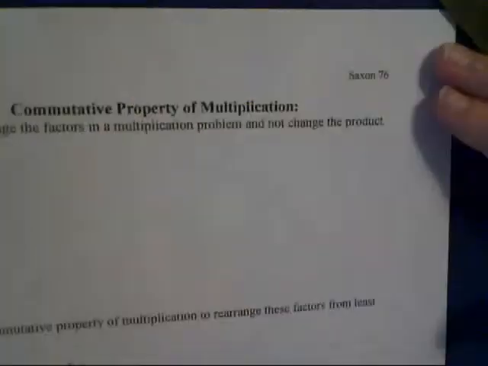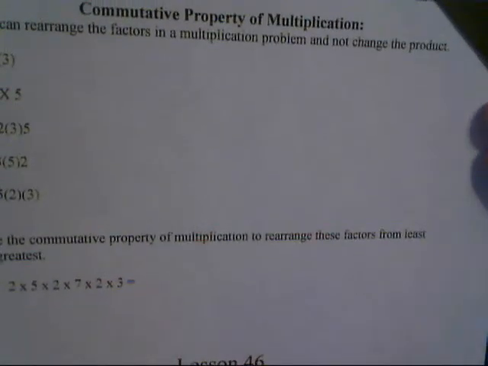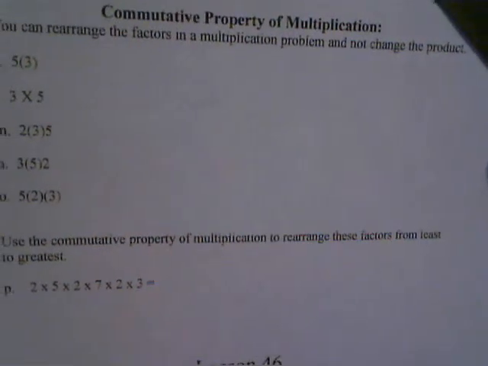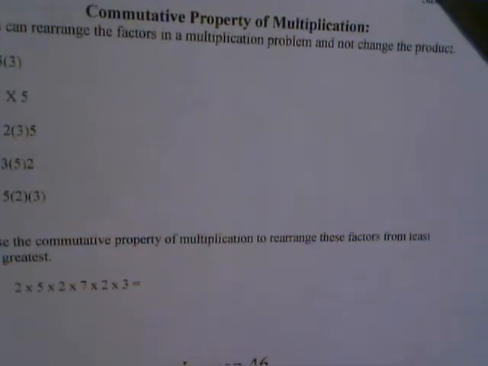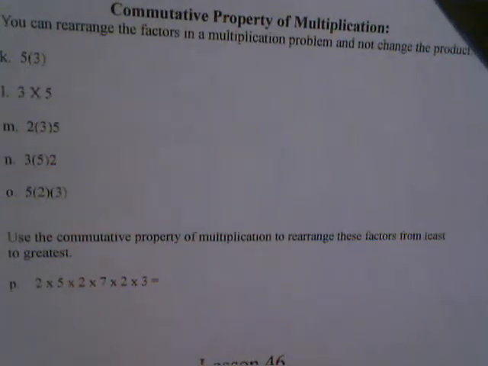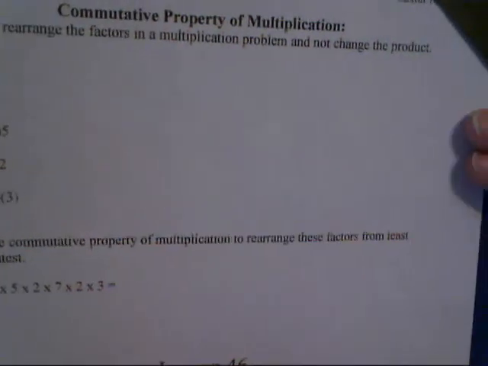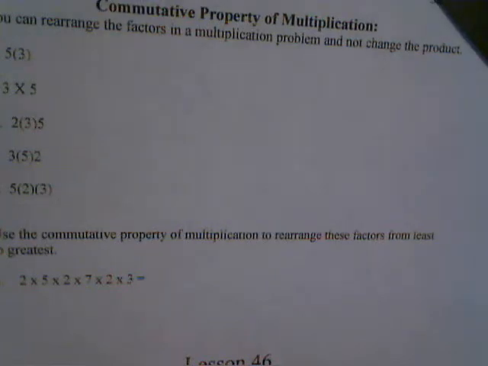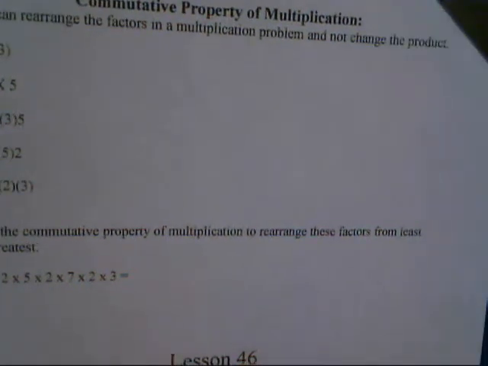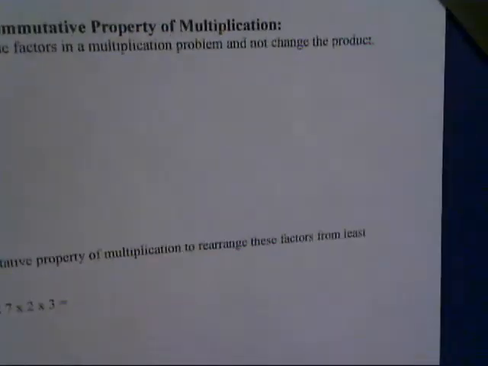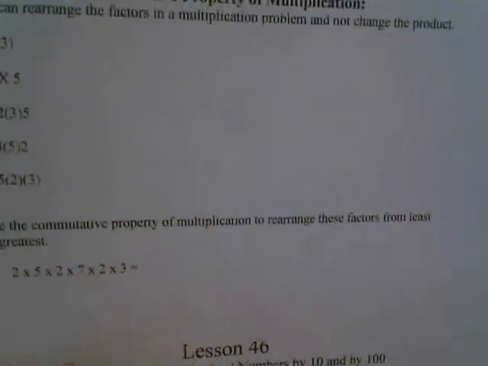So here's the last part of lesson 45, and it's about the commutative property of multiplication. Let me get my paper lined up here. All right, so for this first one, it doesn't look lined up yet. I'm trying to figure out why we're not lined up.